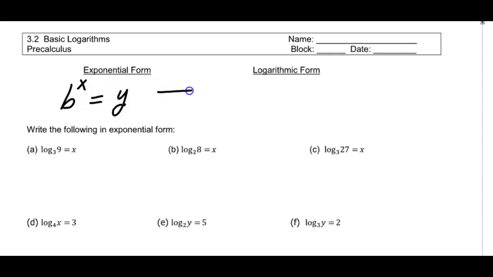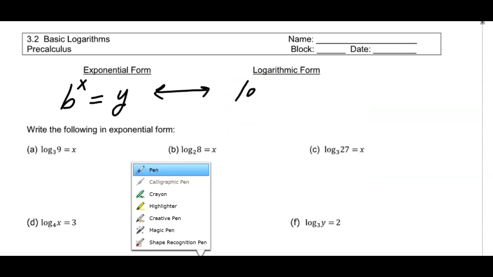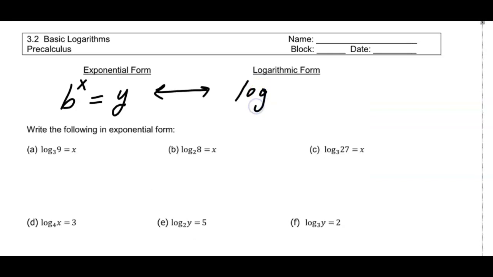So if I want to go back and forth between logarithmic form and exponential form, when I go into logarithmic form, I have to write down the word log, and then my base, so this would be log base b of y equals x.